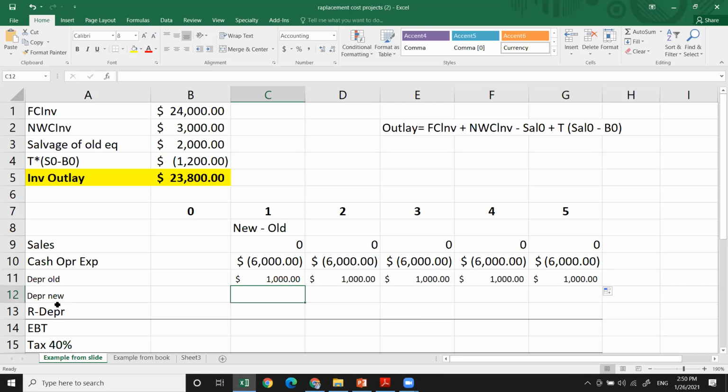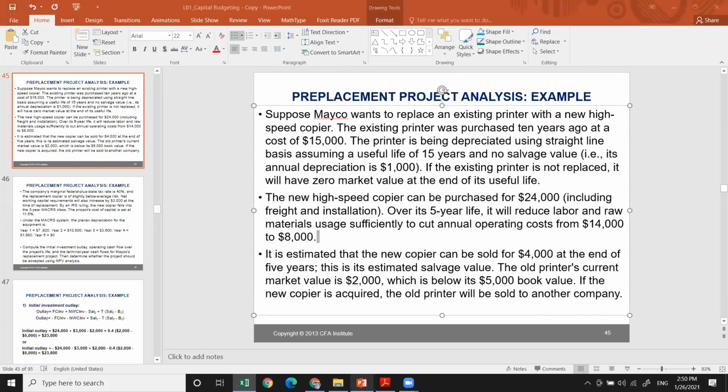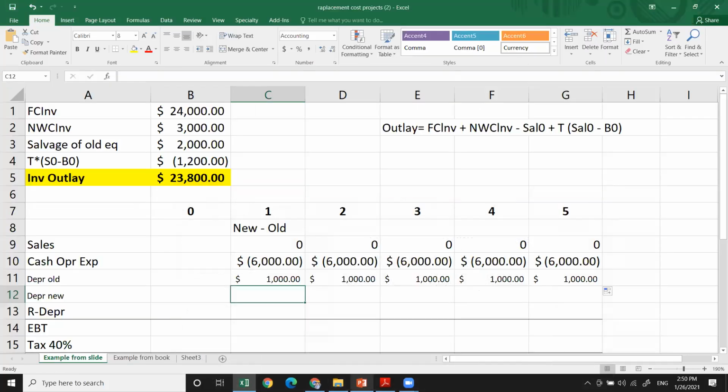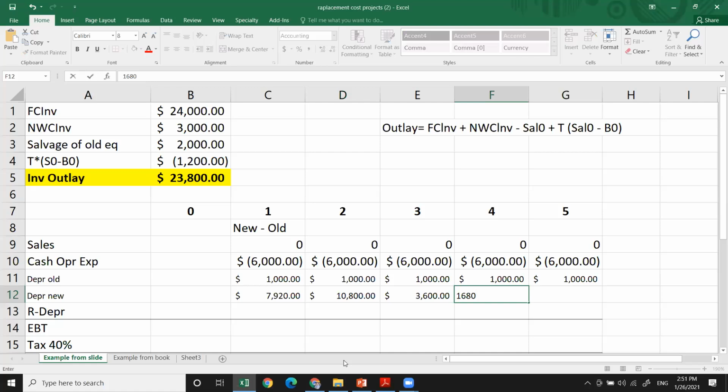And depreciation of the new equipment is given in here: 7,920, 10,800, 3,600, 1,680, and the last year is 0.